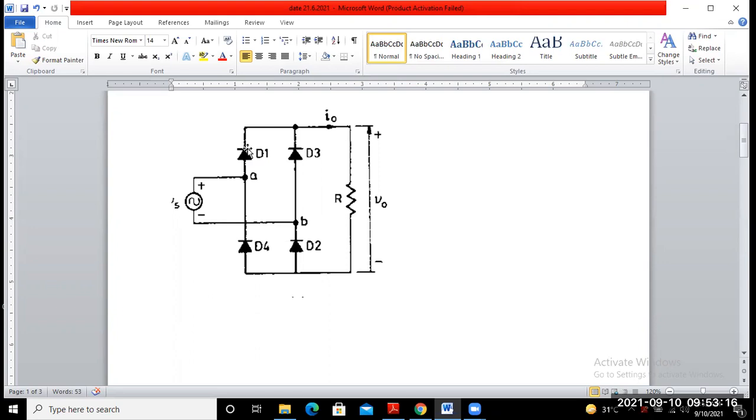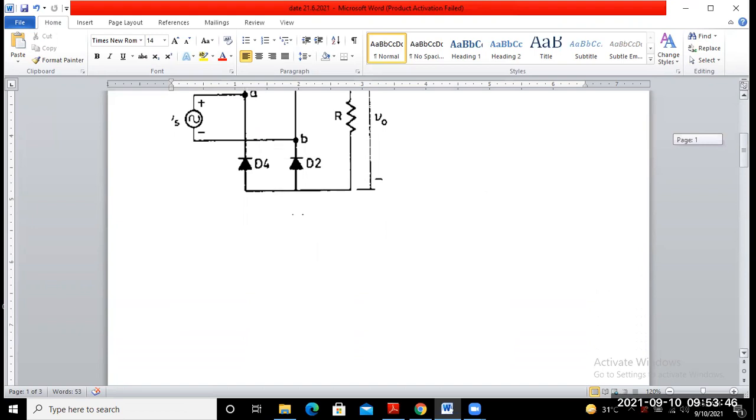So whenever the diode is forward biased, that means in conduction mode, the voltage across this diode will be 0, is it not? Anywhere diodes D1 and D2 conduct, the voltage across the diode is 0. So you can draw the voltage waveform for diodes D1 and D2, and respectively for D3 and D4. So when diodes D1 and D2 conduct, that means 0 to pi.